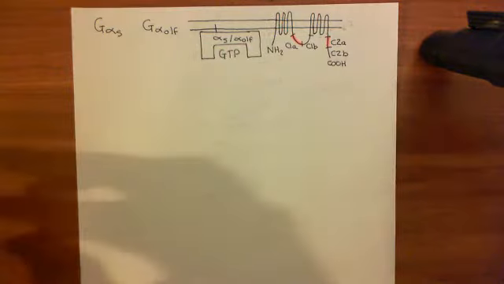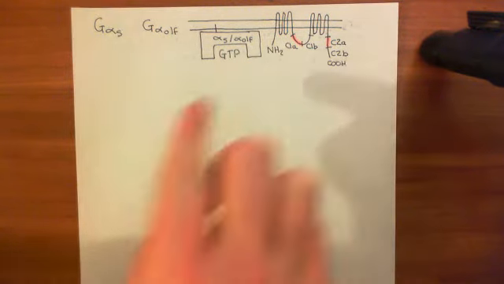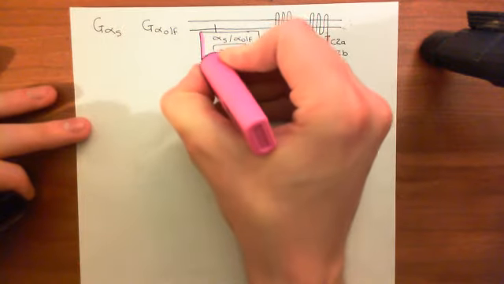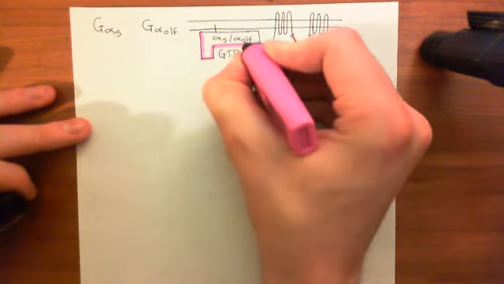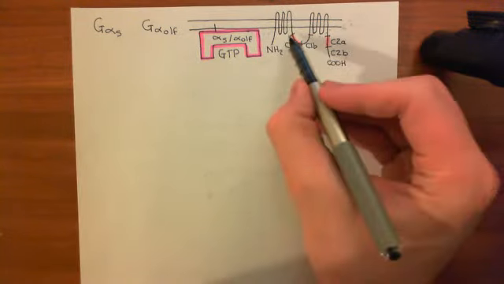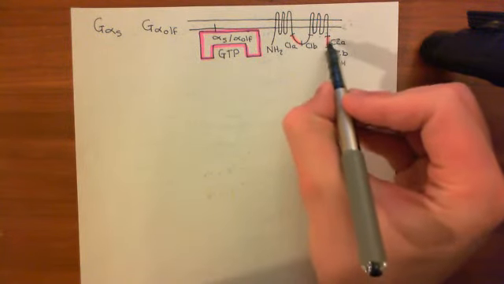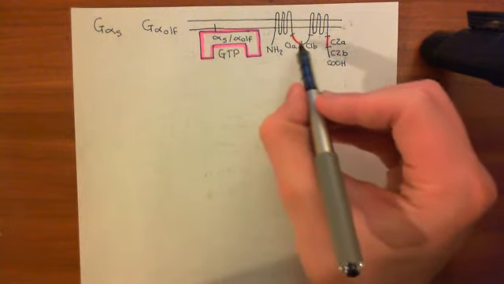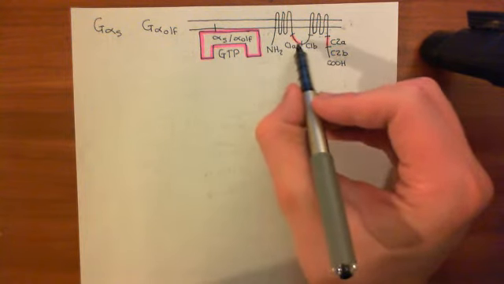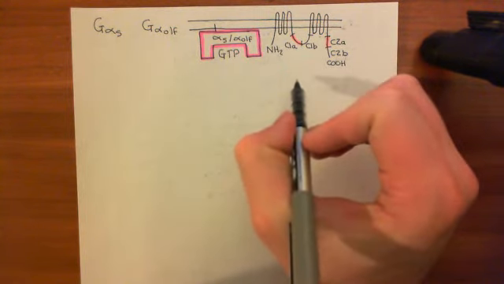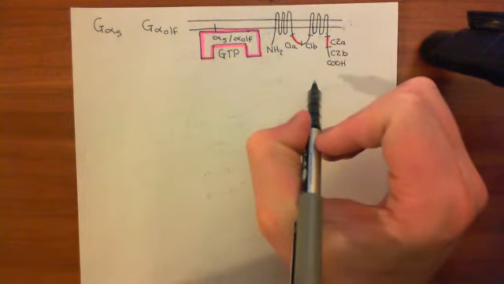So basically, the way that these alpha S/alpha OLF subunits, which have GTP bound to them, activate the adenylyl cyclase enzymes is they bind to both the C1 domain and the C2 domain. Okay, so they bind to this domain here and to this domain here, and they hold the two domains close together, and then what can happen is the C1a and the C2a combine together and produce an active enzyme which can then convert ATP into cyclic AMP and pyrophosphate.